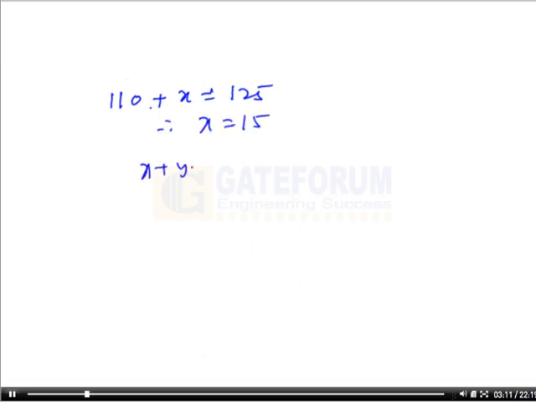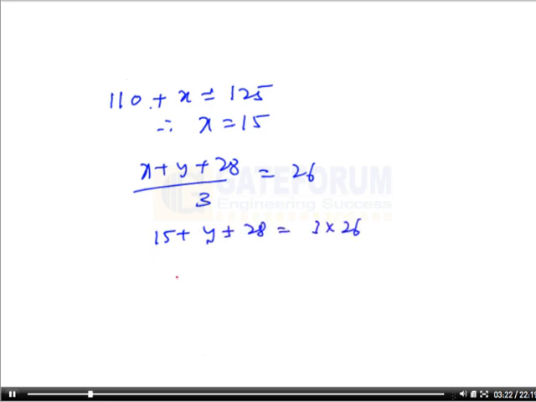Now, x plus y plus 28 by 3 is equal to 26. So 15, x is 15, plus y plus 28 is equal to 3 into 26. So y plus 43 is equal to 78, which means y is equal to 35. Let's go to the next sum.